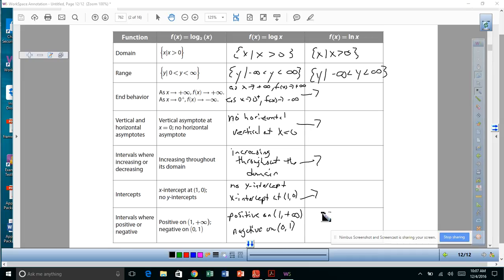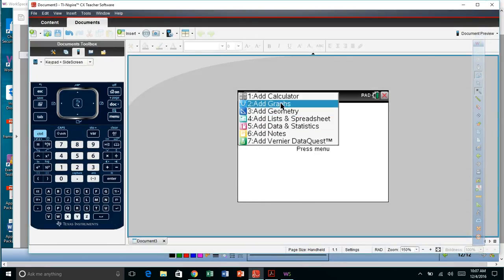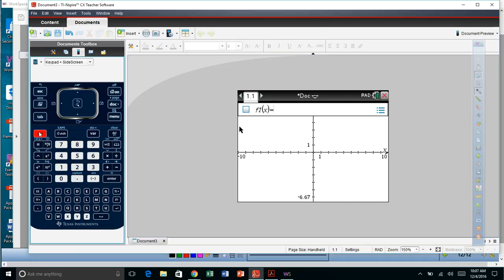Okay. So let me jump in here and let's graph these things. We've got log base 2 of x, and then we have log base 10 of x, and then we have the natural log of x.